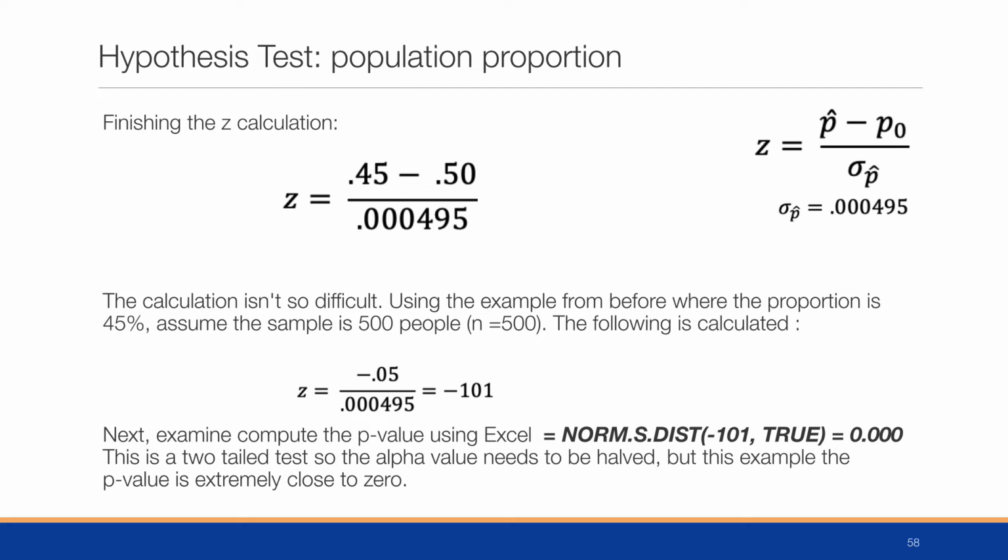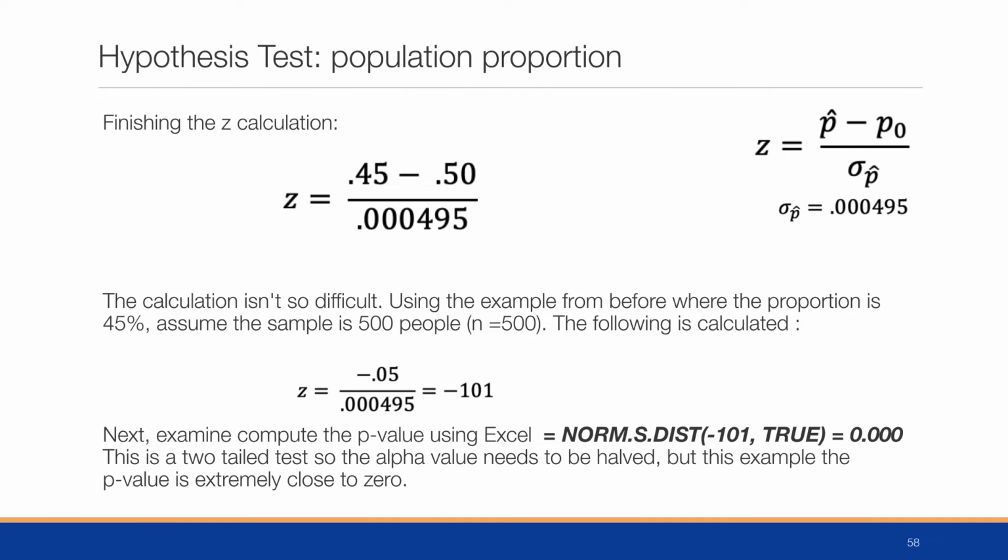We're comparing P hat to P naught, or P0. That'll give us a negative 0.05, and we divide that by that standard deviation of P hat. So using that example, it's not so difficult. We have z equal to negative 0.05 divided by 0.000495, which is equal to negative 101.